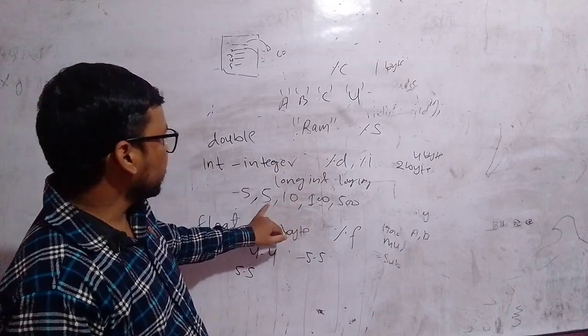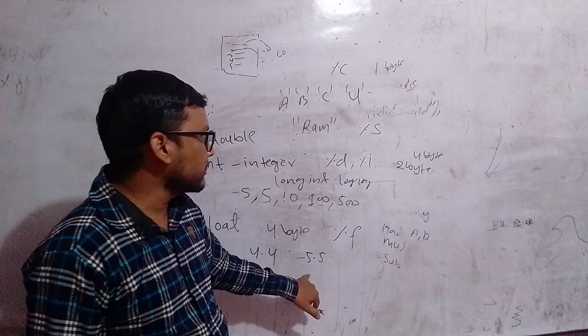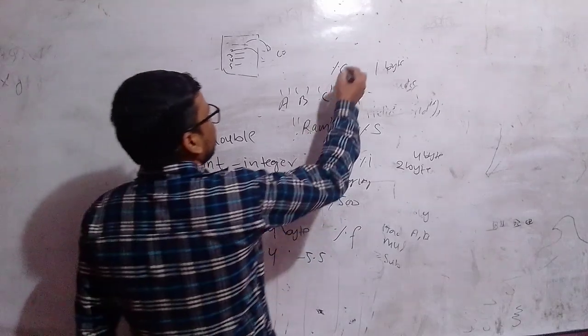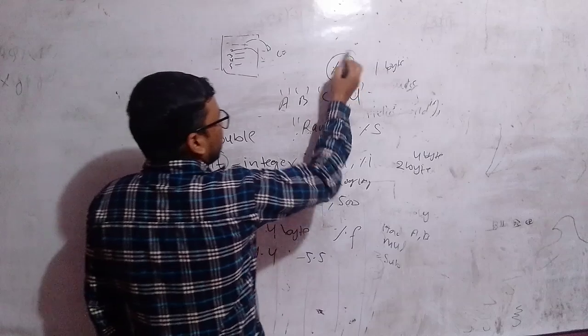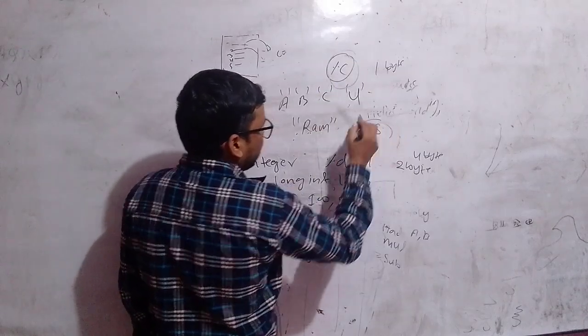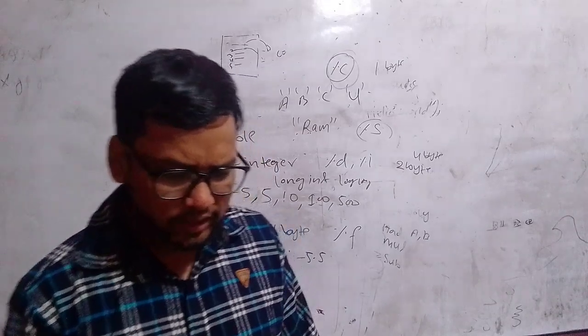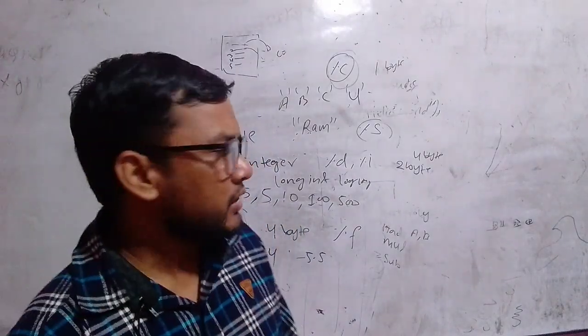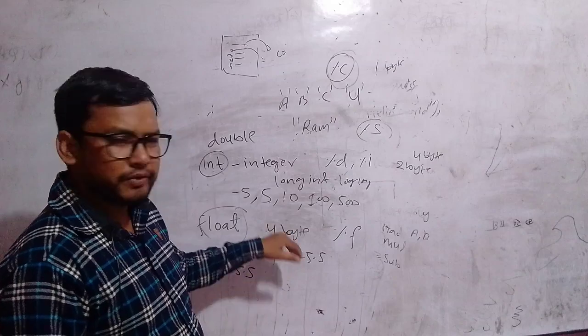And this is the integer because it does not contain the fractional part. This is the float because it contains the fractional part. The most common data types in the C programming language: integer, float, %c character, and strings. And long integer, long float, double, etc. are the higher capacity versions of integers and floats.